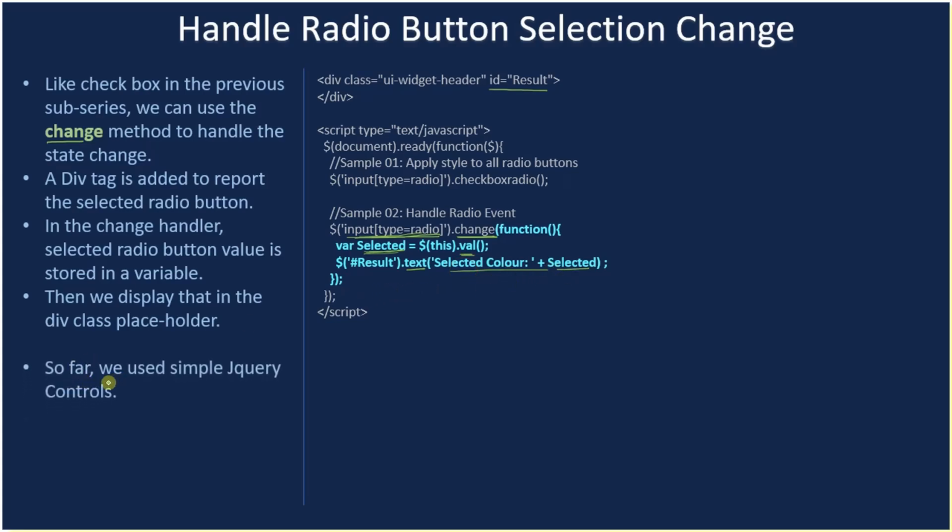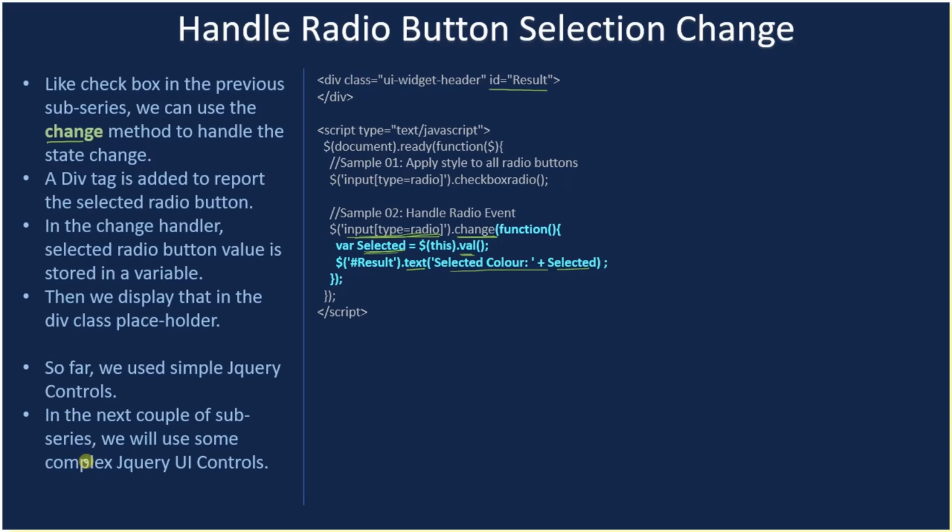So far we used simple jQuery controls. In the next couple of subseries we will use some complex jQuery UI controls. In the last 3 subseries we used the jQuery button, the jQuery checkbox, and the jQuery radio buttons.